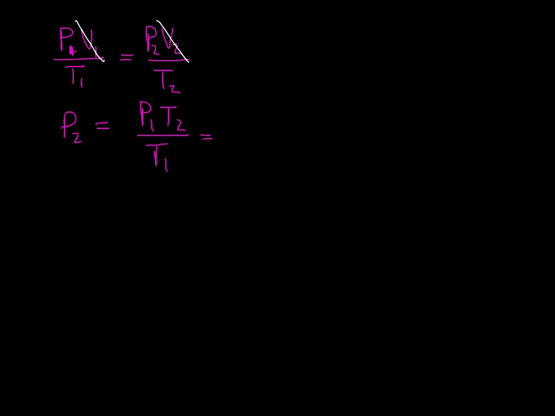So the gauge pressure of 200 kPa is the same as saying 200,000 pascals, or 2 times 10 to the 5th pascals.